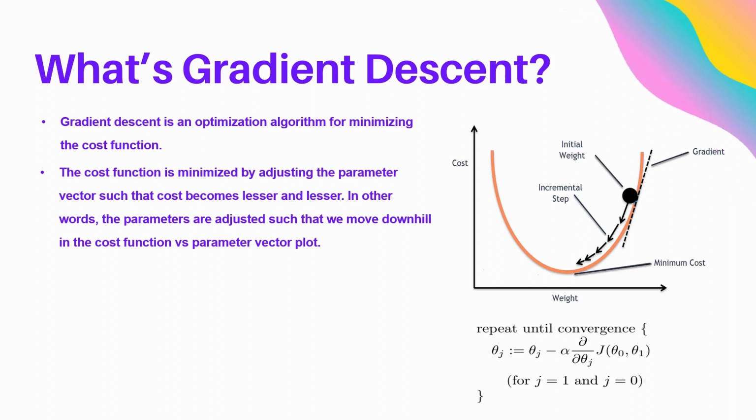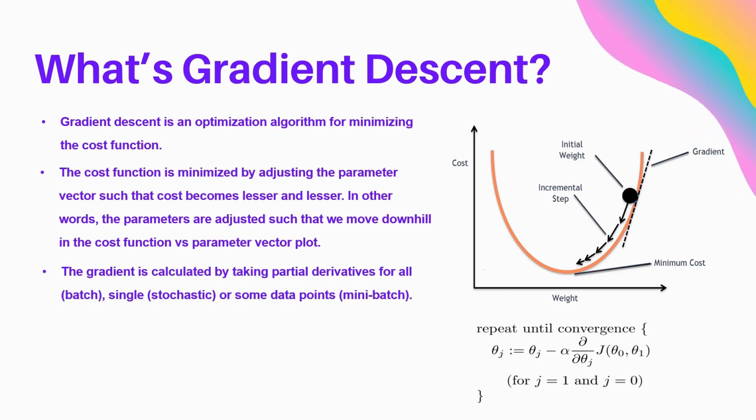The orange curved line represents the cost function. When we start optimizing the cost function, as a first step, we initialize our weight vector or the parameter vector. That is called the initial weights or initial set of parameters.